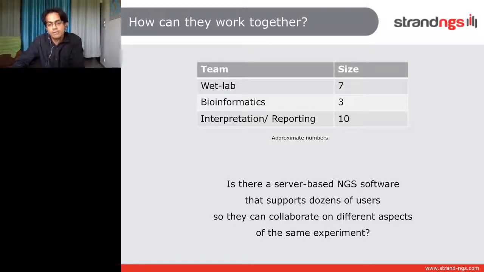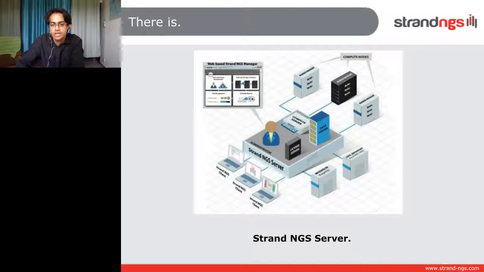Is there a server-based NGS software that supports dozens of users so they can collaborate on different aspects of the same experiment? And the answer is yes, absolutely there is, and that's called Strand NGS Server. And that's what this talk is about, to make hopefully the viewer understand what the use of Strand NGS Server is and what it does.